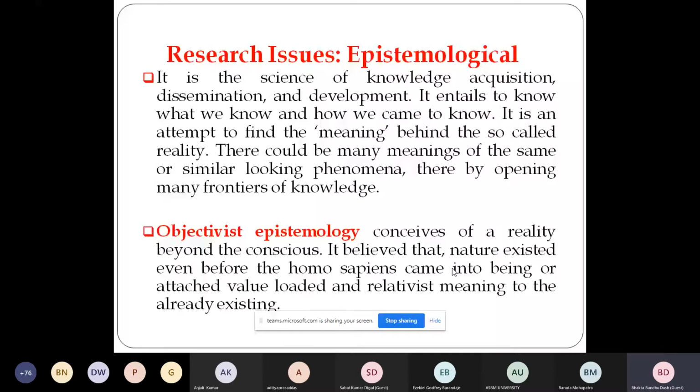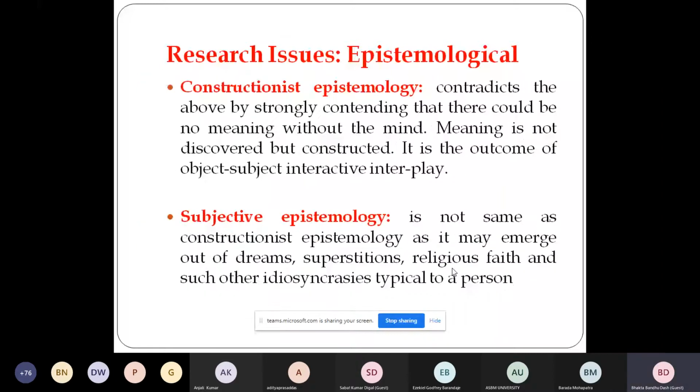Then the second one is constructionist epistemology, which is actually what you are doing. It contradicts the above, strongly contending that there could be no meaning without mind. So ultimately, your mind is the power.